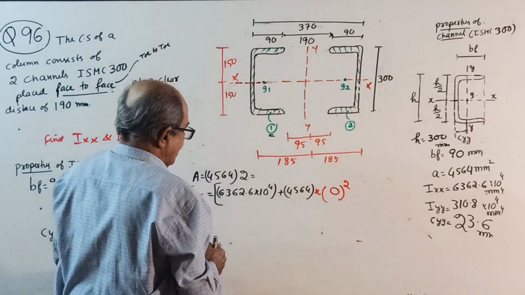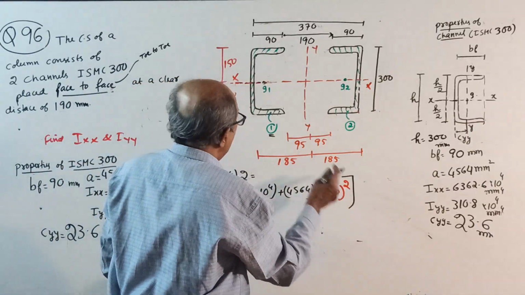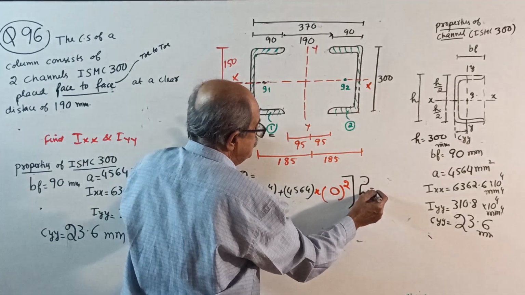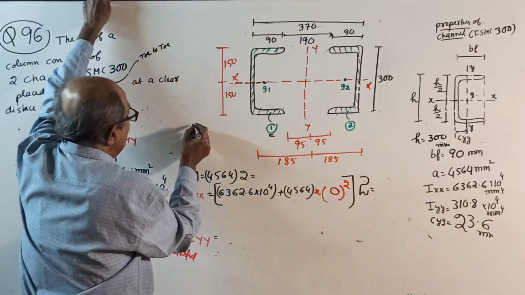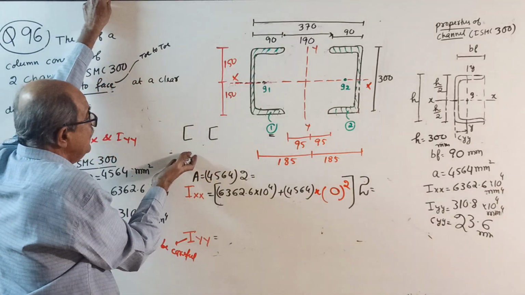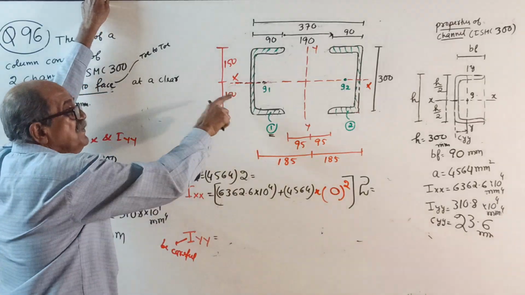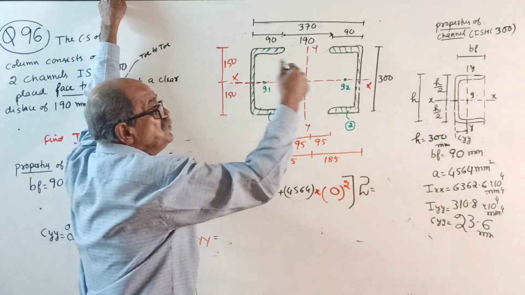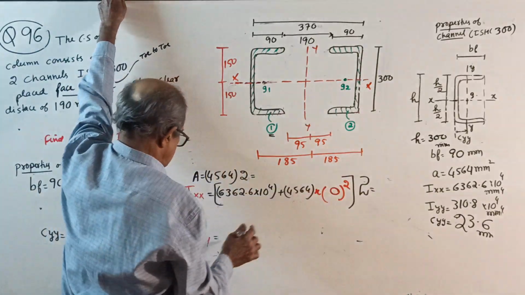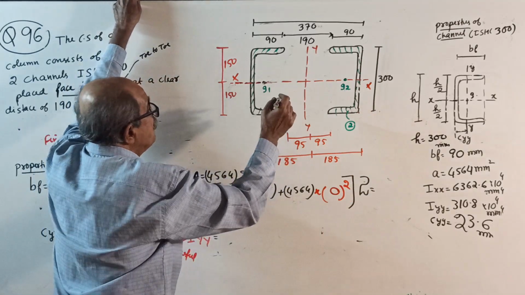These are all told hundreds of times. This is for one channel. Identically placed, multiply by 2. You cannot multiply by 2 if the channels are like this. This is not symmetrical. Symmetrical means if this is looking that side, that should look this side, then only it is symmetrical. Get the answer.